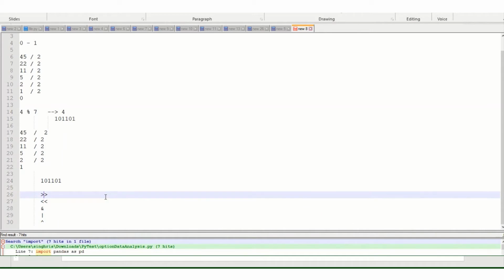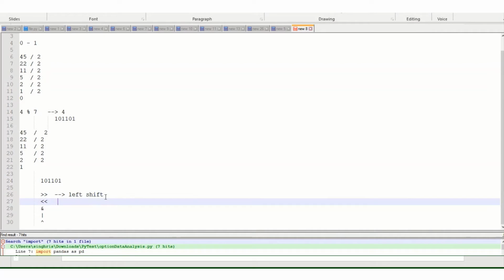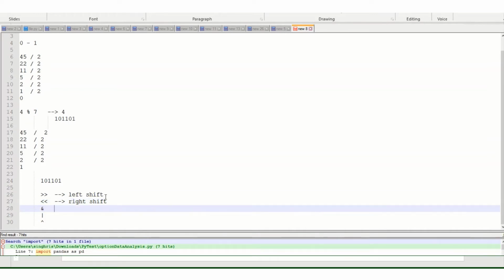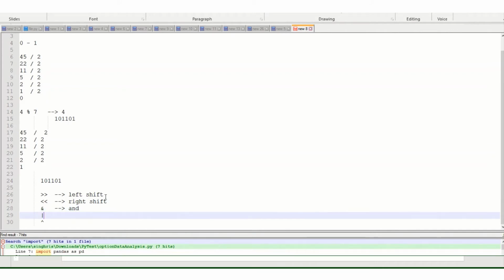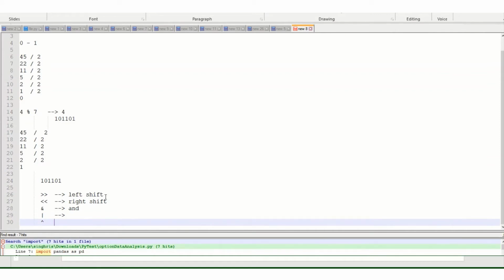We will learn about them. This one is called left shift. This is called right shift. This is called and. This is called or, and this is called xor.